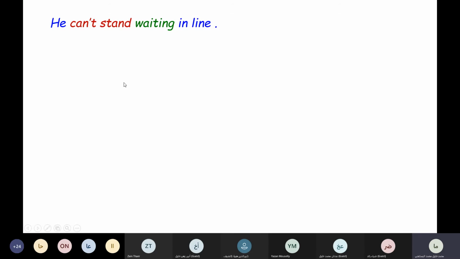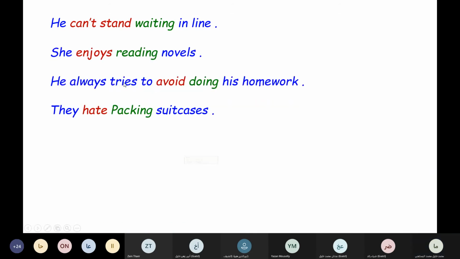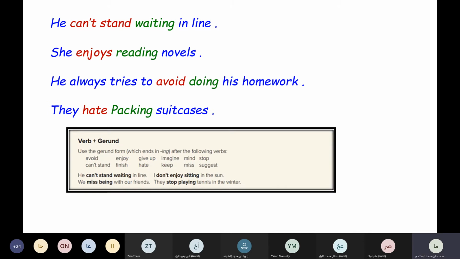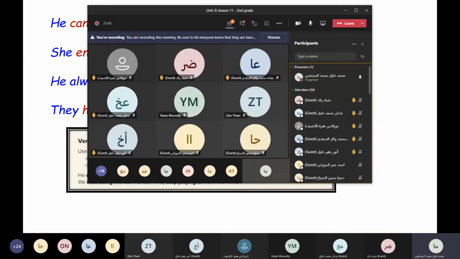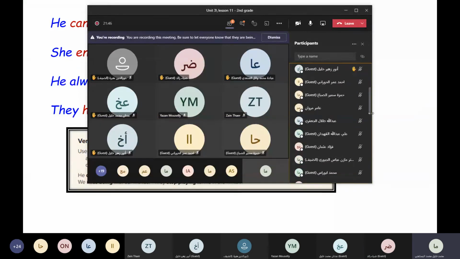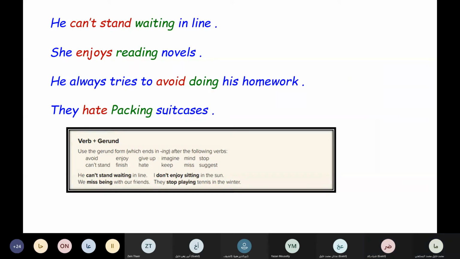Okay. Now here, look at the examples. Who can read the examples? Let me choose Hamza. Hamza, are you here? Yes, teacher, I'm here. He cannot stand waiting in line. Good. Read the next.